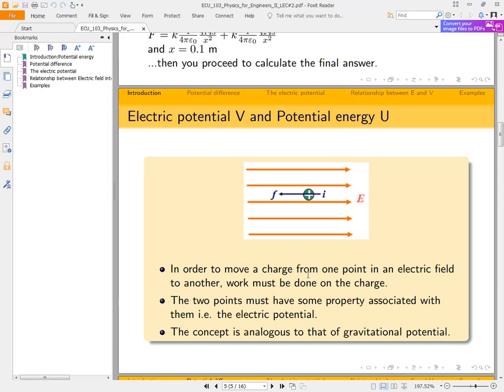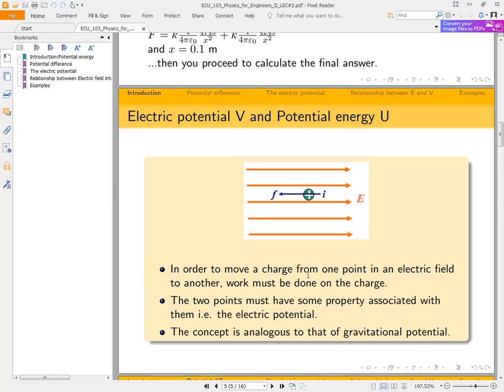That is more like common sense, because when you have distance involved and you have force, then obviously work done is the product of force and distance. So if you have to move a charge in an electric field, that simply means that the force can be in the opposite direction to the electric field intensity.